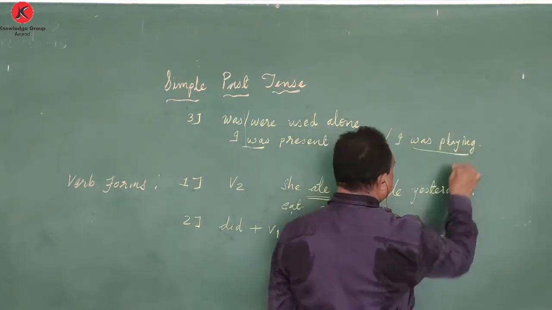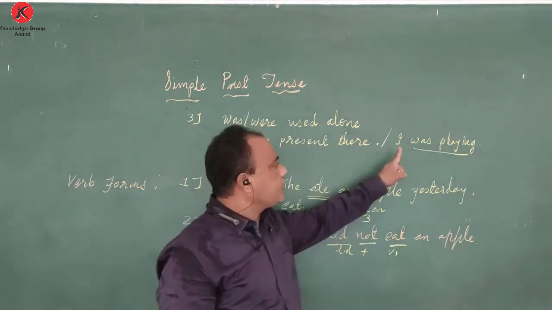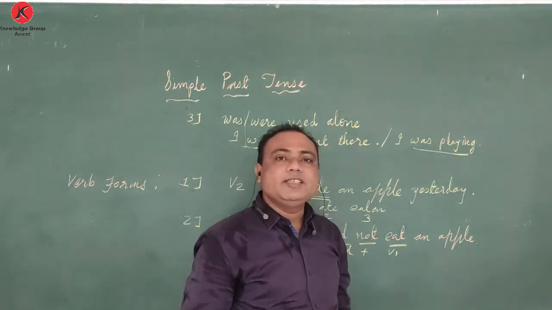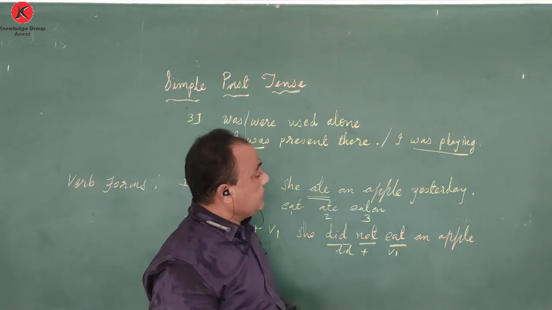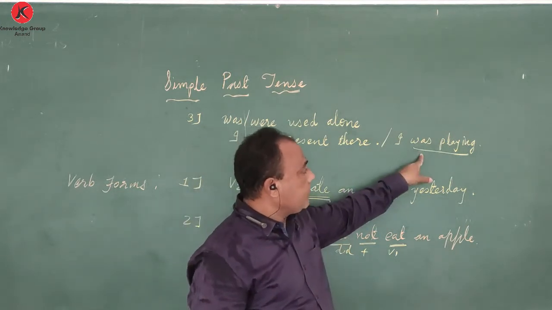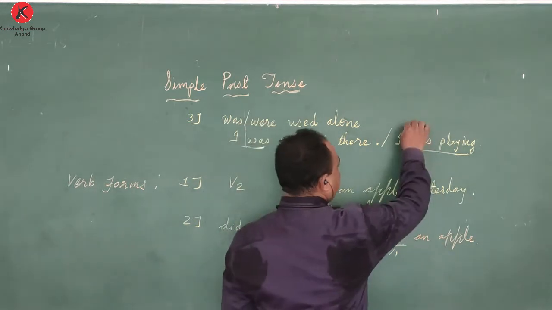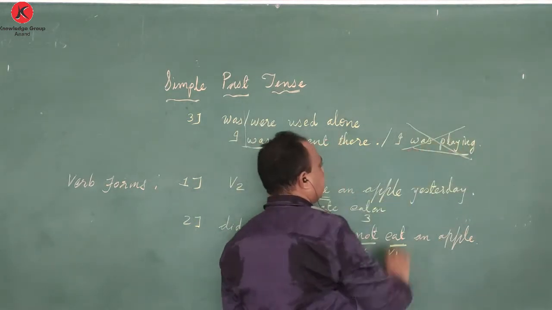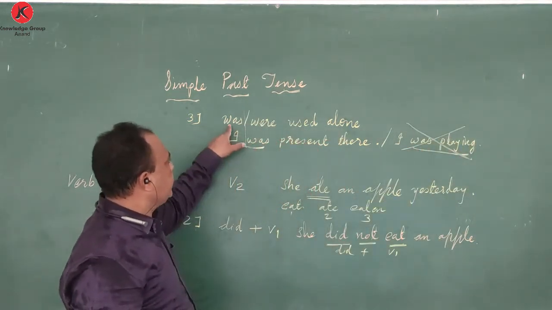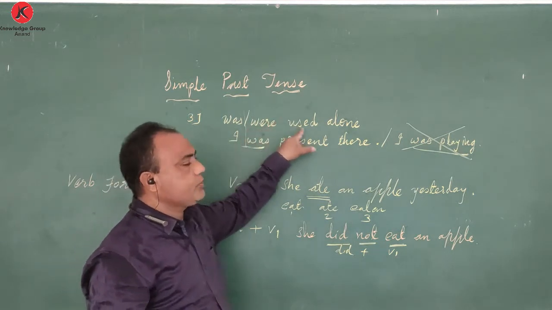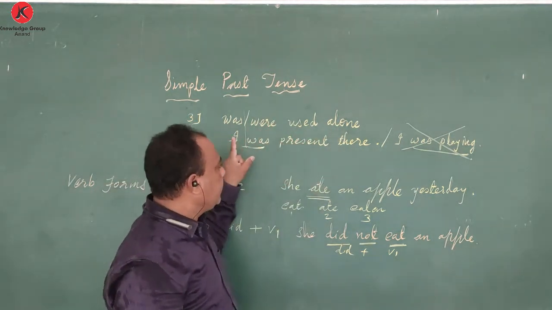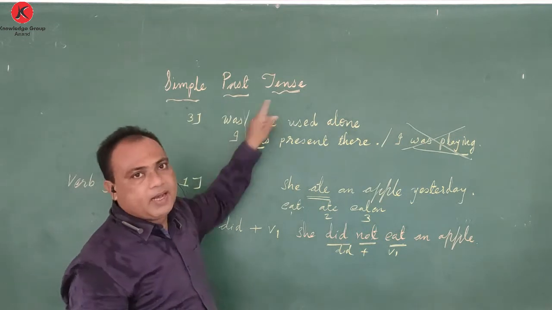If this formation is used, was plus verb plus ing, then it is not simple past tense, but past continuous tense. So forget about this right now. What we have to remember is this: was and were used alone as a verb indicate simple past tense.